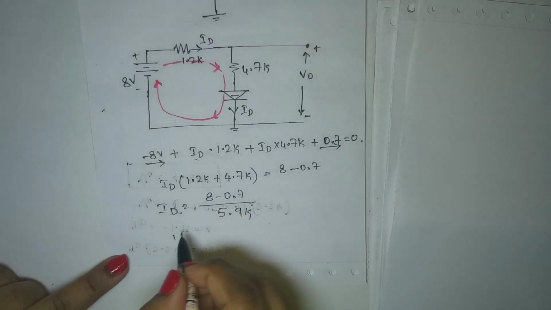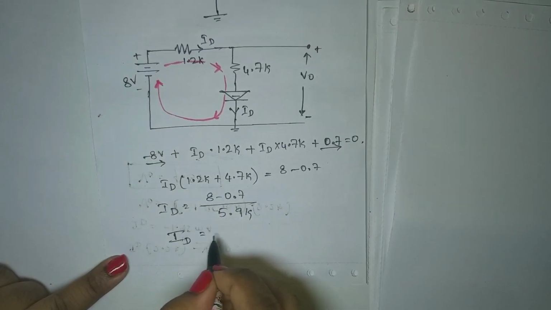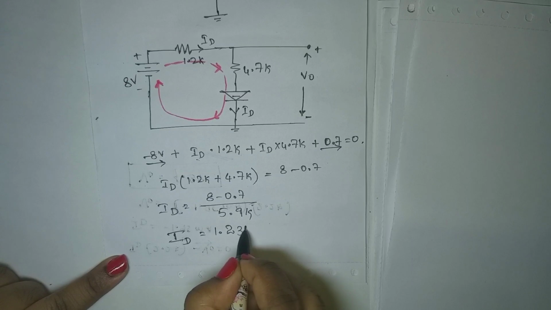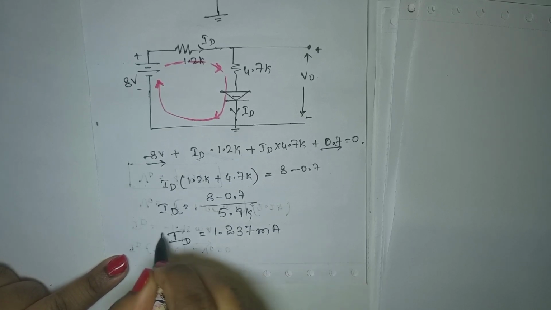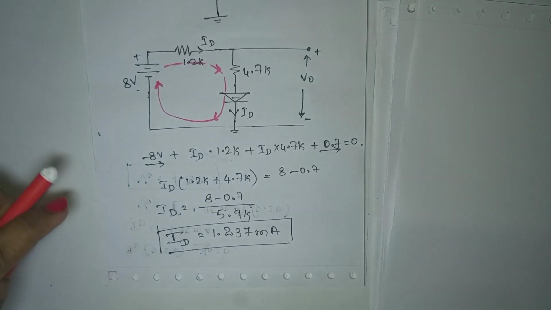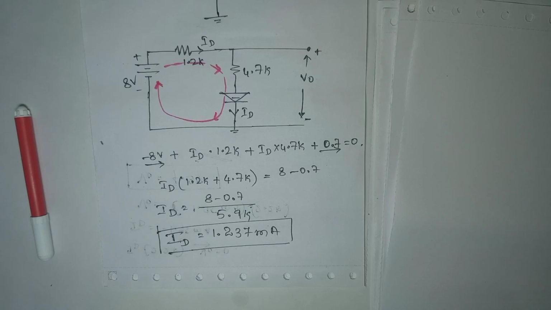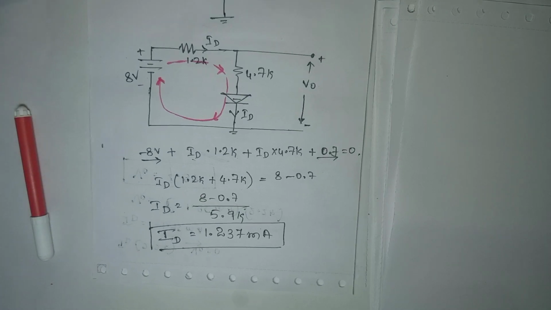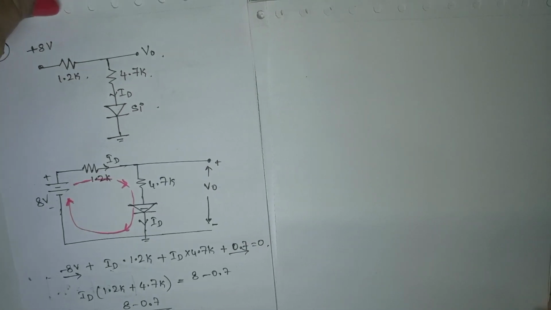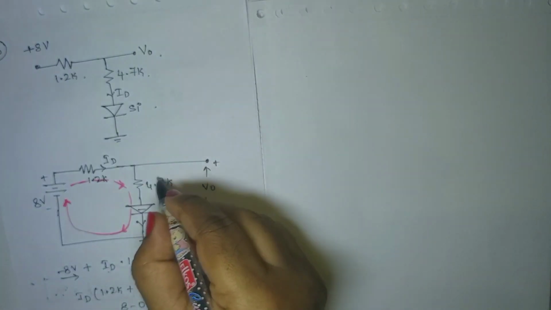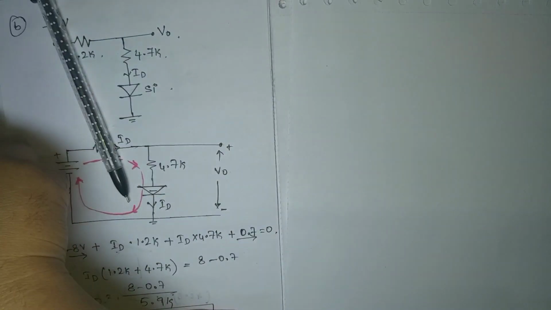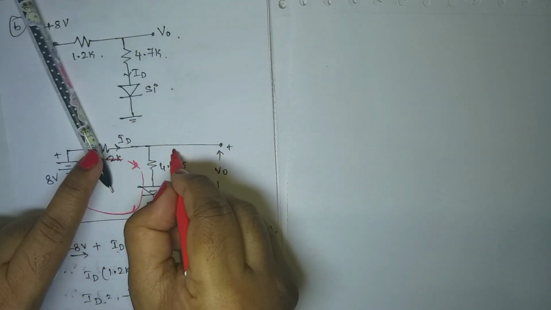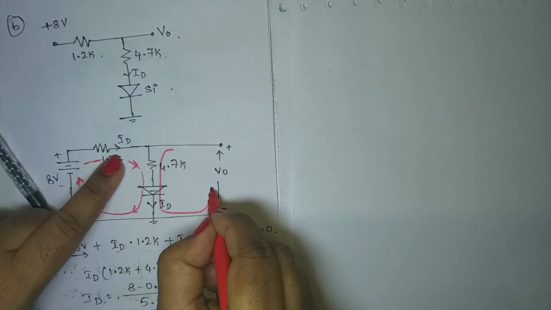The value of ID will be equal to 1.237 milliamps. So the next is I need to find the value of V0. To find the value of V0, so here only I can calculate it. Let me take the same direction of ID.